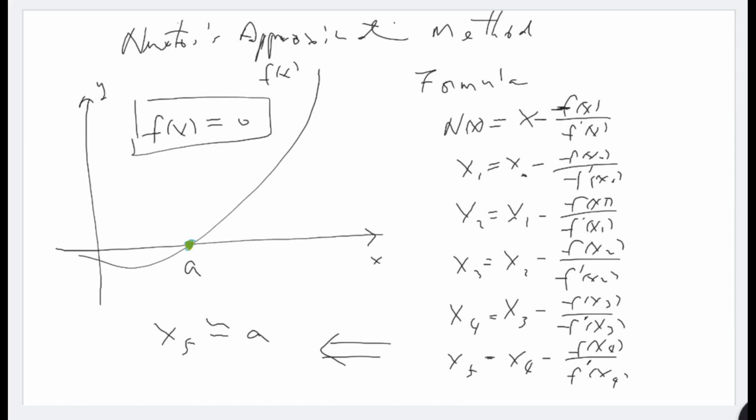In this section there are two types of problems. Sometimes they say, find the zero of the function, or they say, find an approximate solution of an equation.